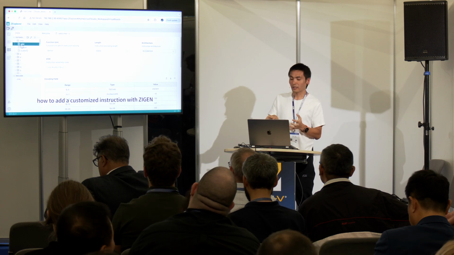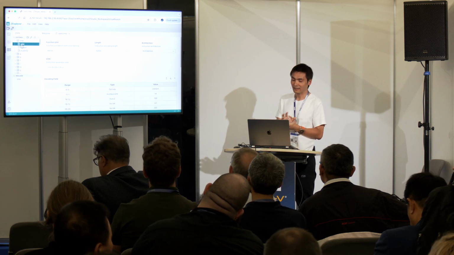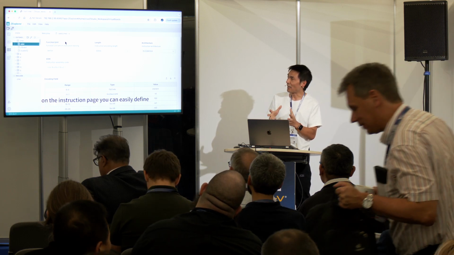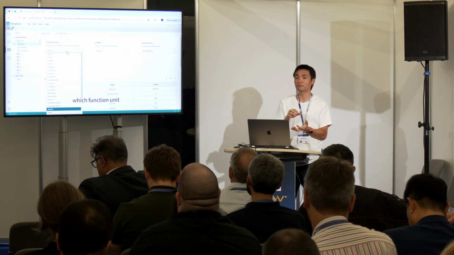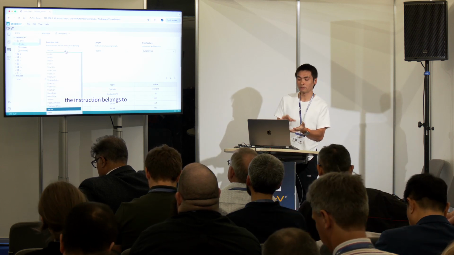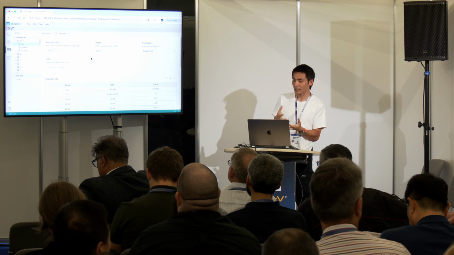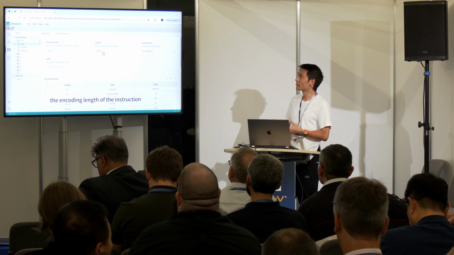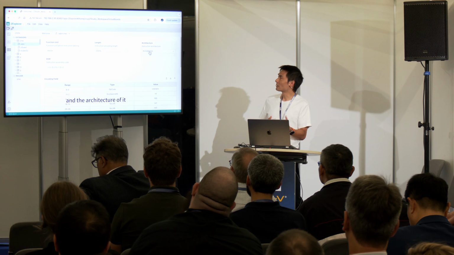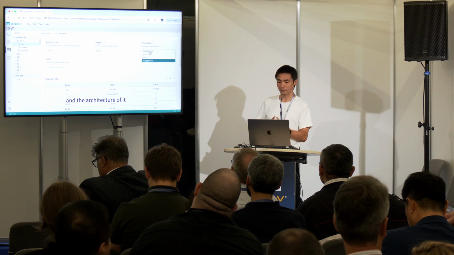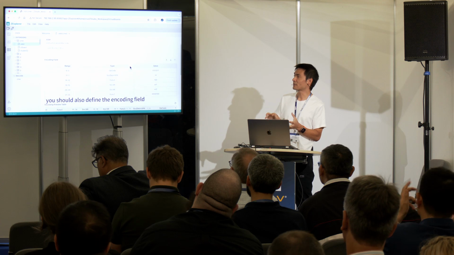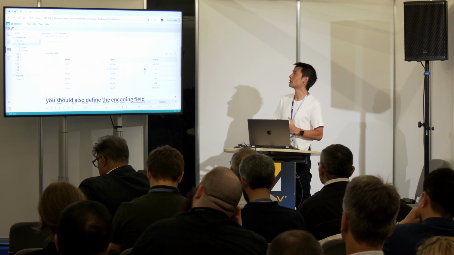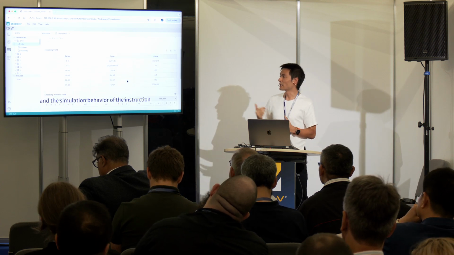Okay, here is the view of how you can define a new customized instruction. You can specify the function unit which the instruction belongs to, the latency of the instruction, the encoding bits, and the architecture of the instruction. You can also specify all the encoding fields of the instruction within this table.